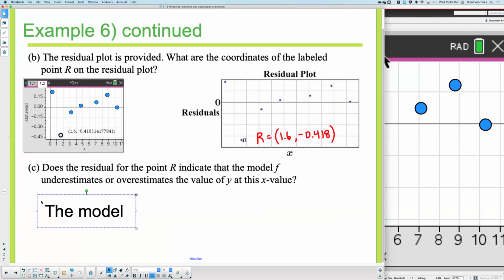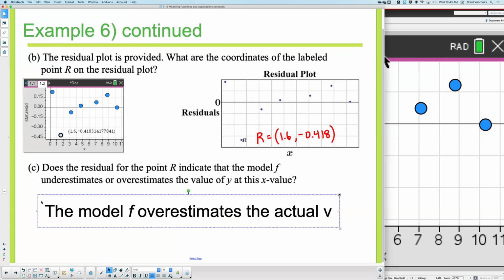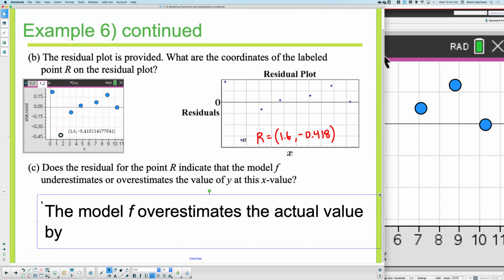The predicted, the model F overestimates the actual value of y by 0.418 at the x value 1.6.